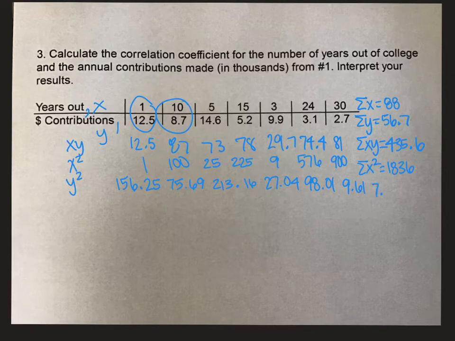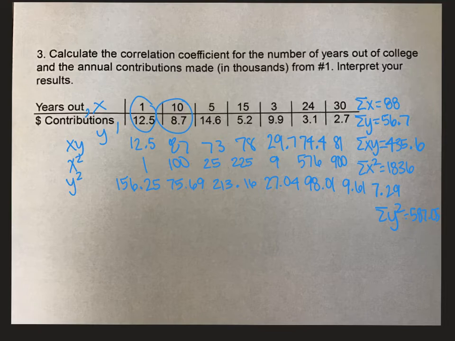So once you have all of those values, we're going to add all of our y squareds up, which gives us 587.05.